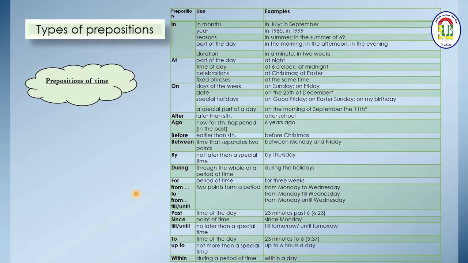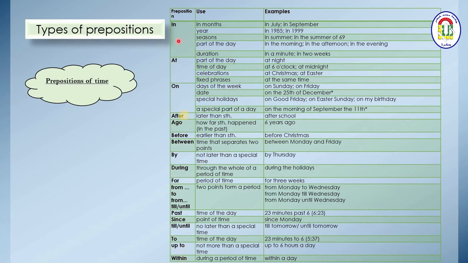Prepositions of time. What do we have here? We have in, at, on, after, ago, before, between, by, during, for, from, to, till, until, past, since, up to, and within.